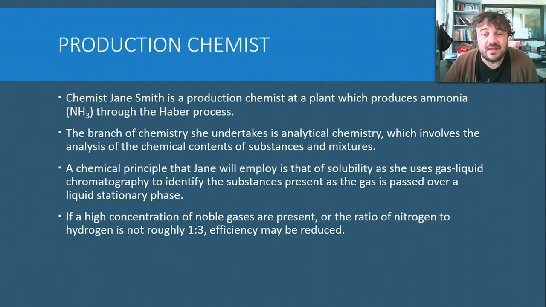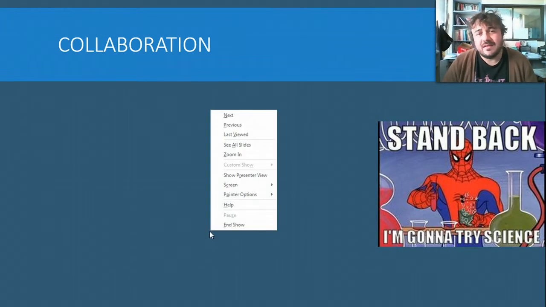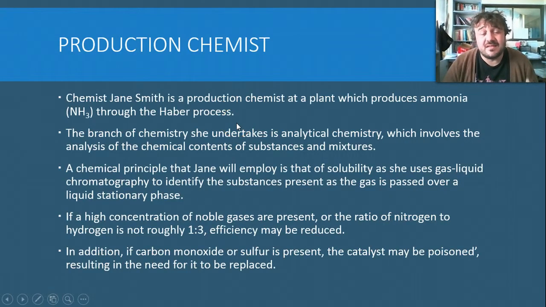So she's worked this out through gas liquid chromatography. And if you've got CO or sulfur present, the catalyst itself might be poisoned, which means we're going to need to replace it. So if she detects that there's carbon monoxide, she can then inspect the catalyst and see if that needs replacing.